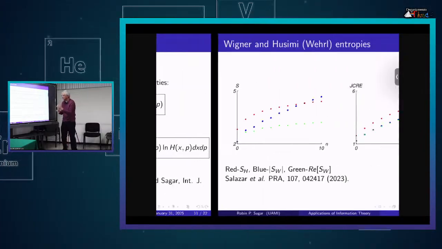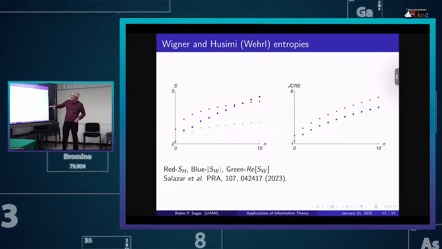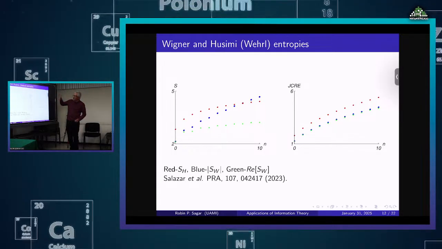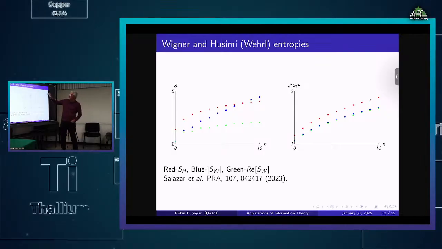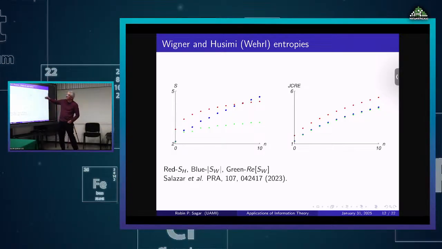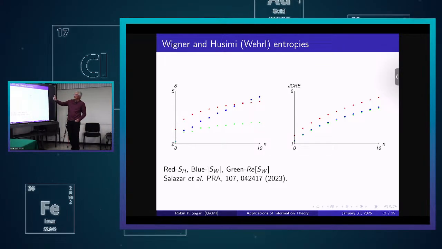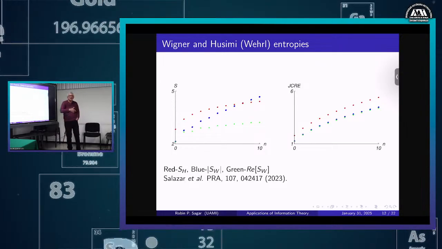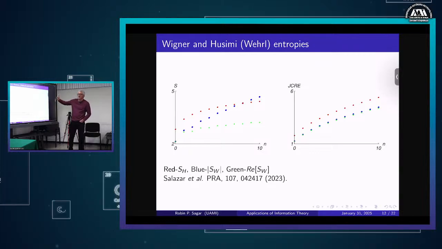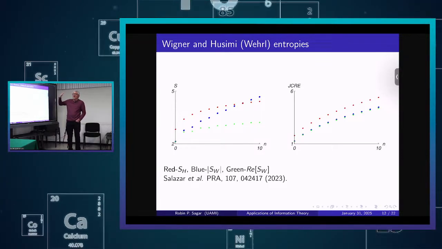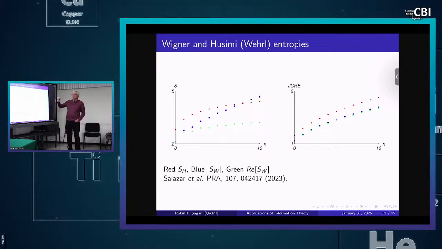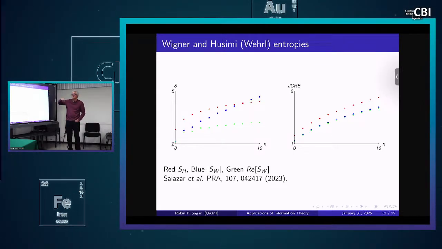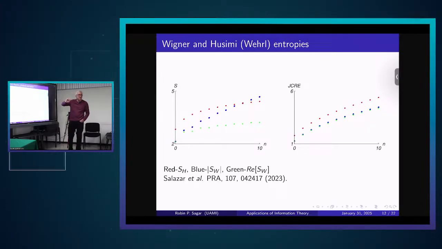Please, Ernesto. Now this is a plot of Wigner and Husimi Shannon entropies, and the Shannon entropy of the Husimi function is called the Wehrl entropy. We saw in Elvira's talk, I think it was the day before yesterday, some very interesting results where in her systems she was able to use the Wehrl entropies, the Husimi function Shannon entropies, to detect quantum phase transitions.